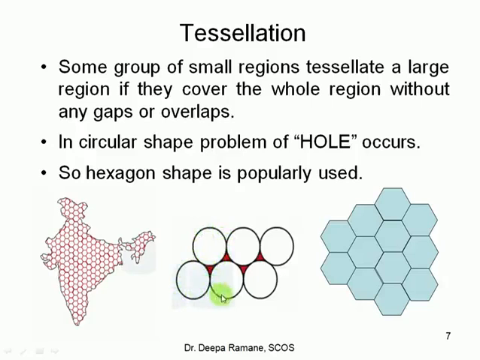See, these are your circular shaped cells. In this particular figure, you can observe that when the cells are joined together, a hole is created, and in this hole there will not be any tower to control the devices or provide services to the mobiles present in these holes.